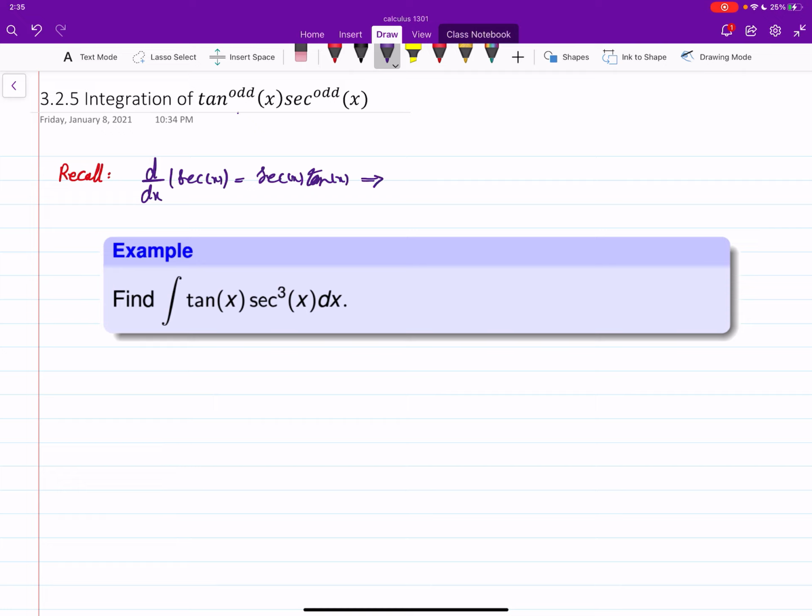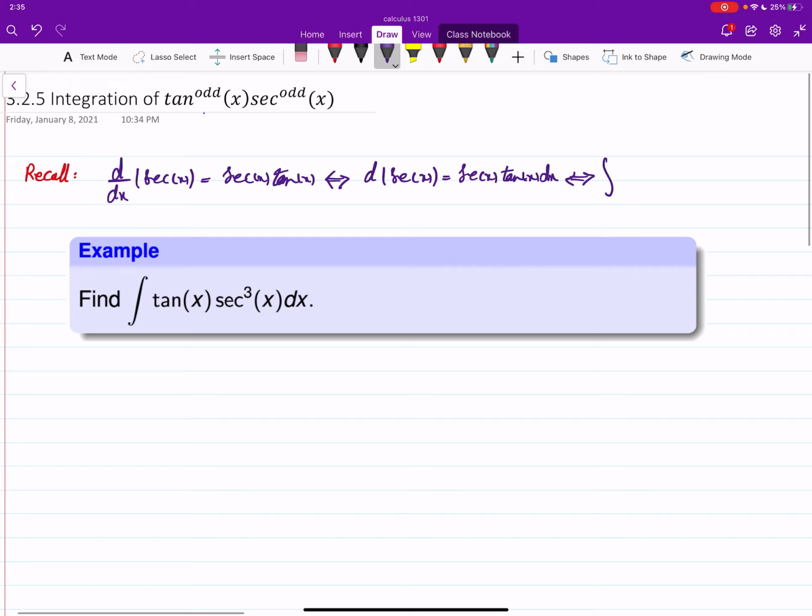As a result, the differential version of this, the differential of secant x, which is helpful when we use substitution, is secant x tan x dx. Or the equivalent version, basically saying the same thing: the integral of tan x secant x dx is just secant x plus c.